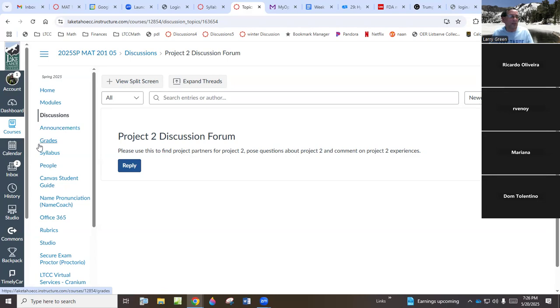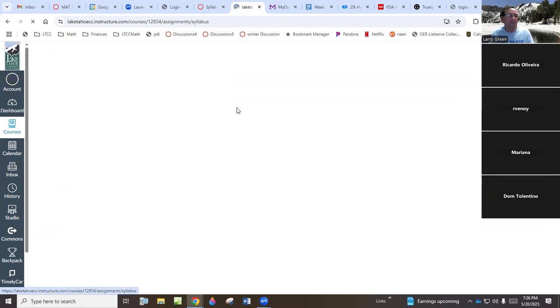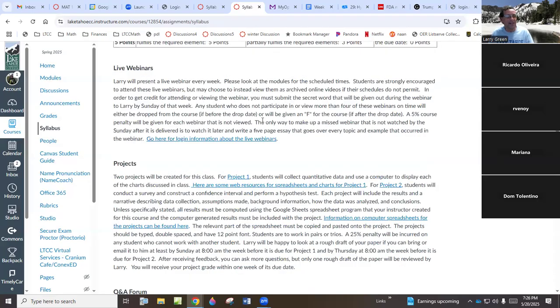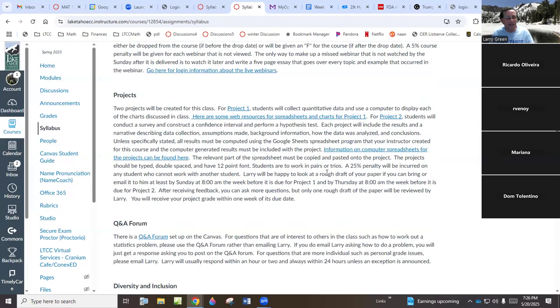If you go to the syllabus, the main reason why it's a huge difference, and I said this in the orientation, but I want to remind you again, is there's a 25% penalty for any student that cannot work with another student. Okay. And again, 3 is easier than 2, but 2 is allowed.